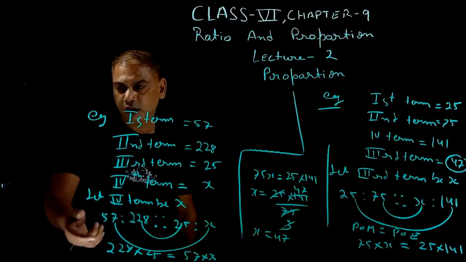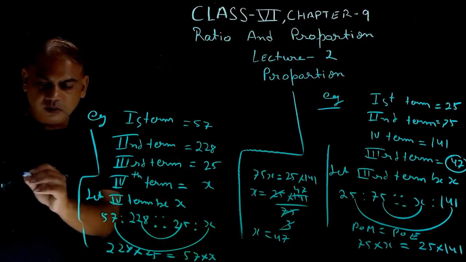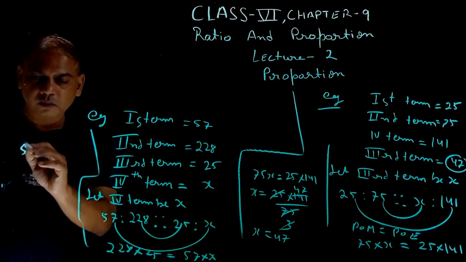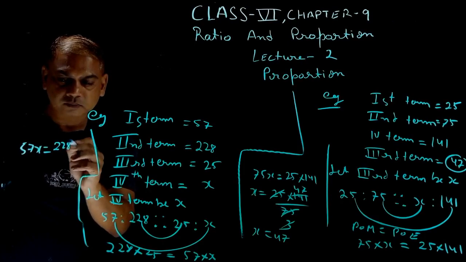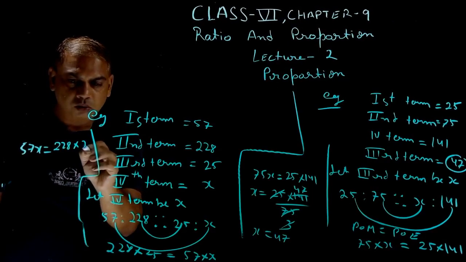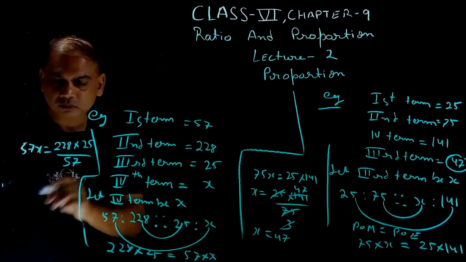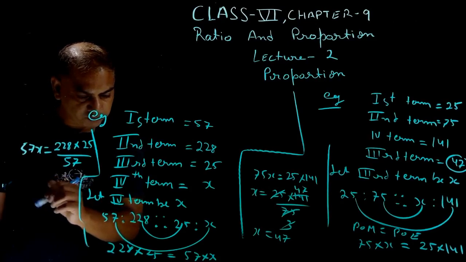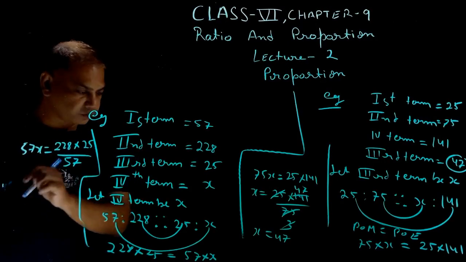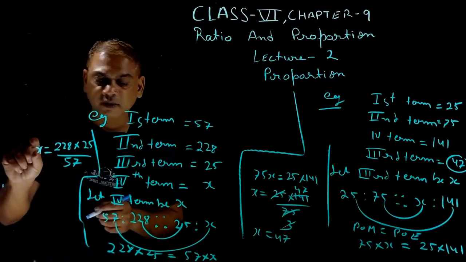Now find the value of x. 57x is equal to 228 into 25 upon 57. Now you have to find the value of x, student.